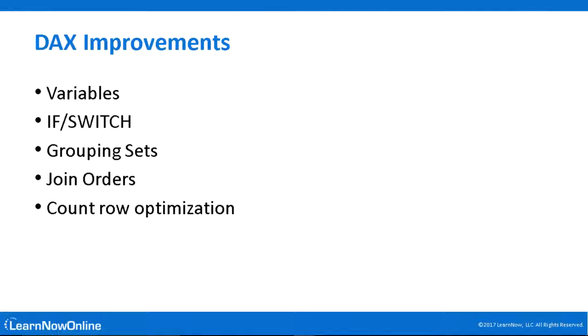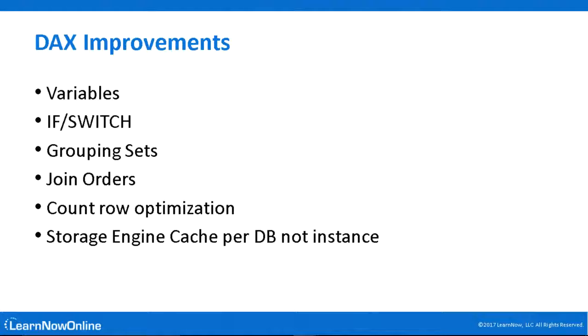There's also a count row optimization, and it uses table heuristics to return the results. Storage engine cache has been improved, and now it caches per database instead of per server. So now the storage engine does a little better with the way it executes queries and uses its cache.